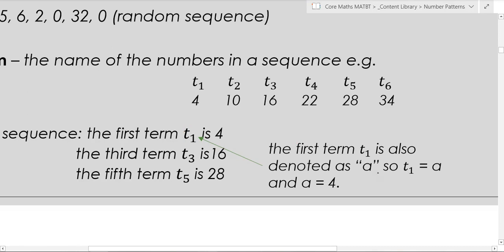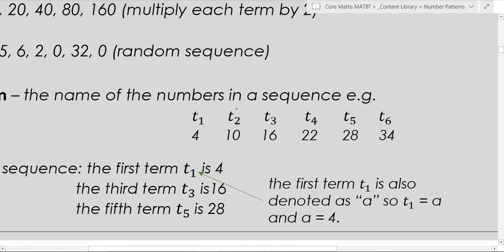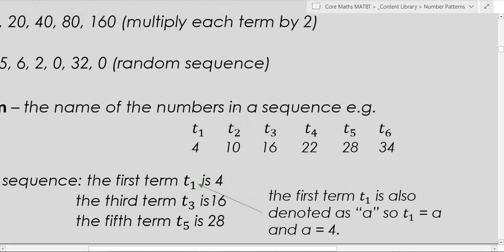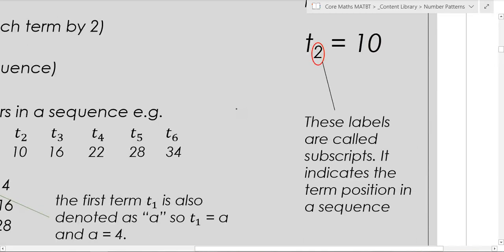T1, as it states in this little arrow, is normally your first term, and generally you will see T1 represented by the letter A. So if I ask you what is the letter A in this sequence, or what is T1 in this sequence, you're looking at the first term. That's what A means. As a side note, these little numbers are called subscripts.